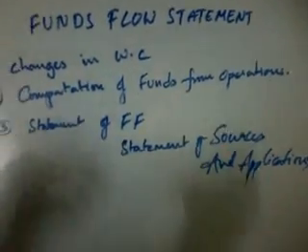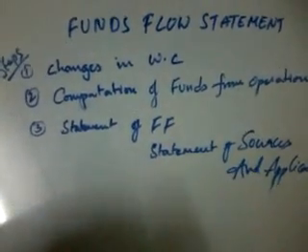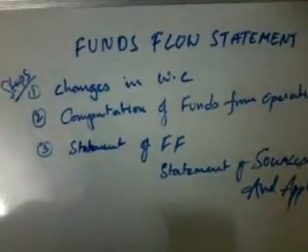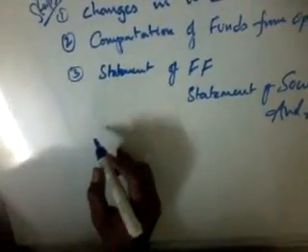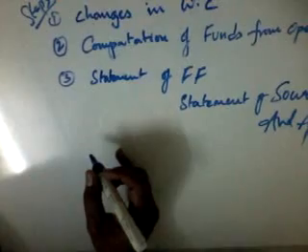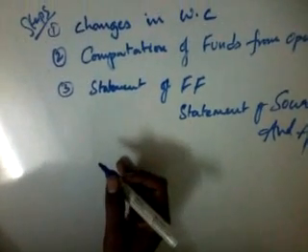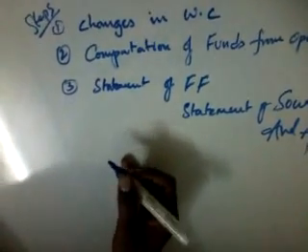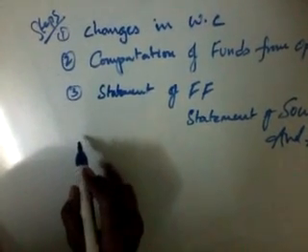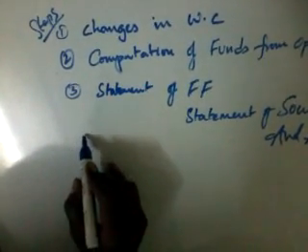In step 1, we are going to find out the changes in working capital. The funds flow statement is nothing but an observation of the financial statements at the beginning of the year and at the ending of the year. Now we are going to find out the statement of changes in working capital.